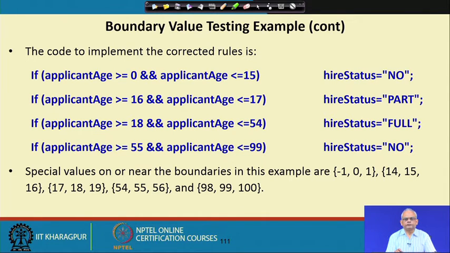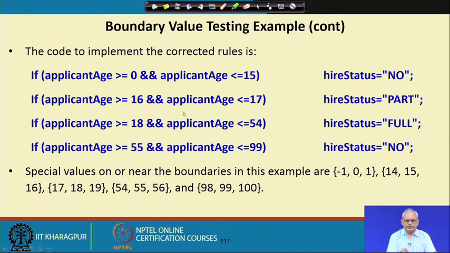So, based on the boundary values, we have the corrected code, and then what if for this code we have, let us say, -1? That is not addressed here in the code, and therefore, it will generate a failure.